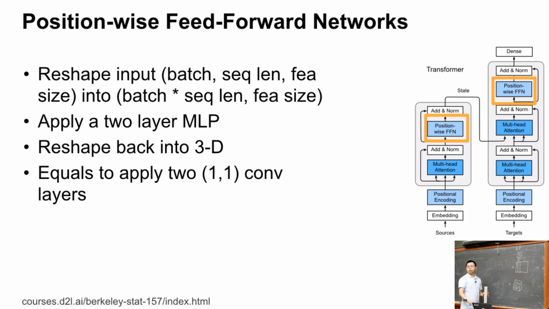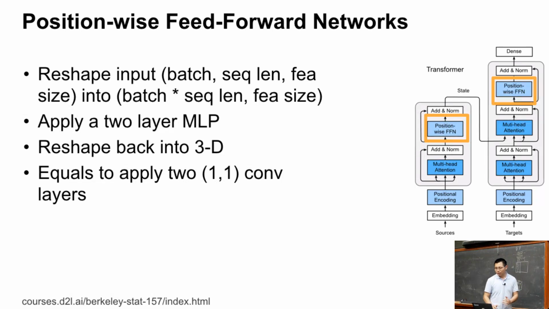The one-dimensional convolution layer: for each pixel, I pick up a channel to project to another dimension. So basically it is 1-by-1 convolution layers, just 2 convolution layers. But we have a different name called position-wise FFN. That's all about it.